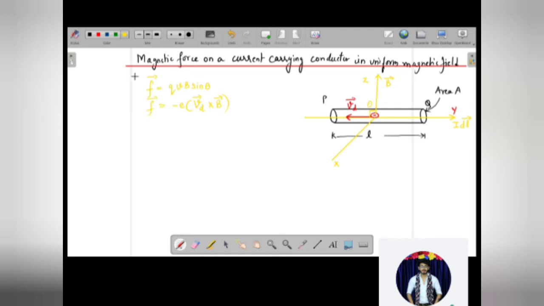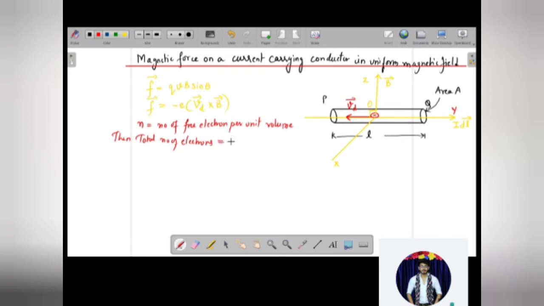So I am going to introduce another term over here, that is small n. If small n is the number of free electrons per unit volume in a conductor, then the total number of electrons will be equal to what?